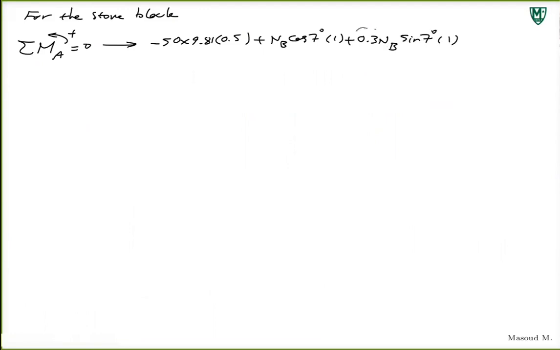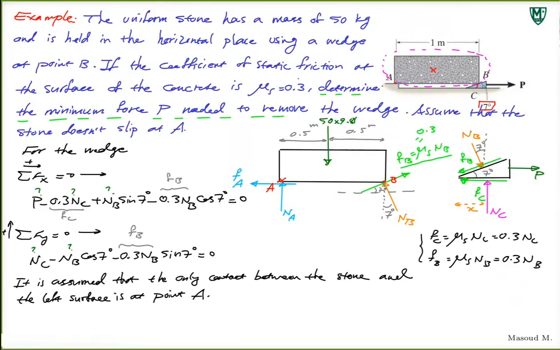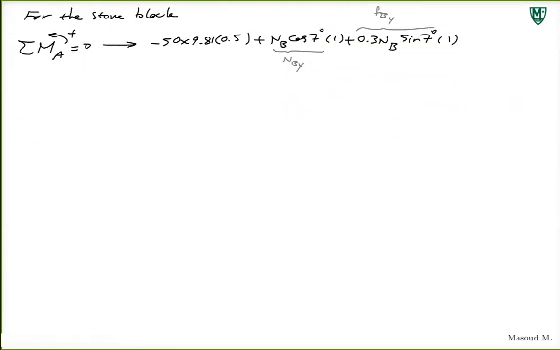This is FB in Y direction. This is NB in Y direction. It makes it easier to follow later. It is equal to 0.